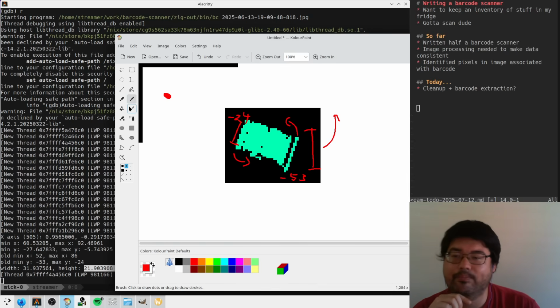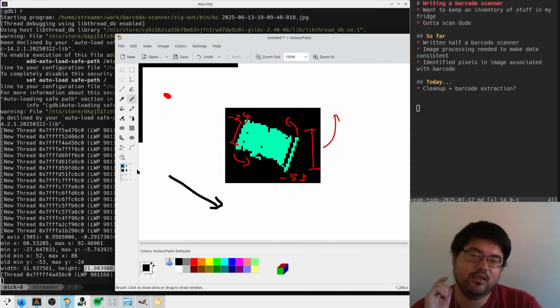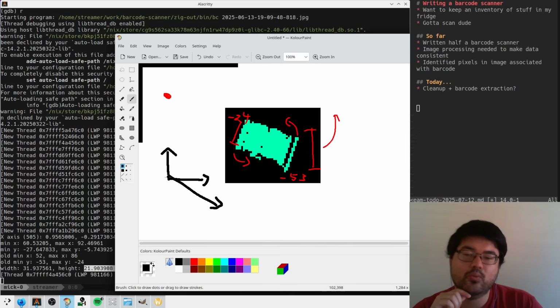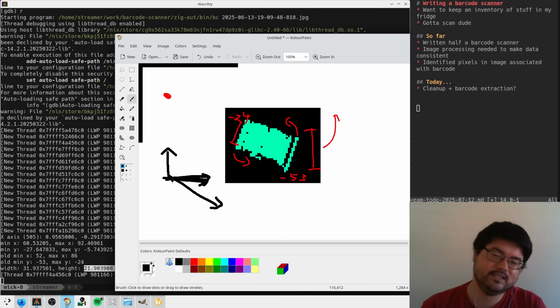Now we need to go back, right? We need to go back. So right now we have the x-axis in original space. We convert this to the new axis. So we need our old x-axis in new space.